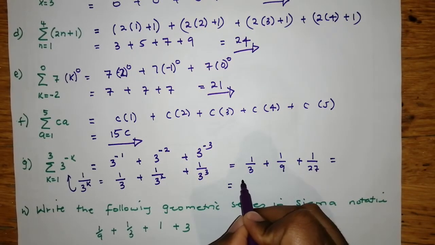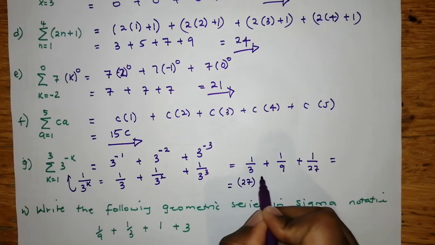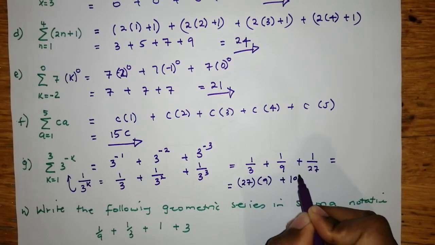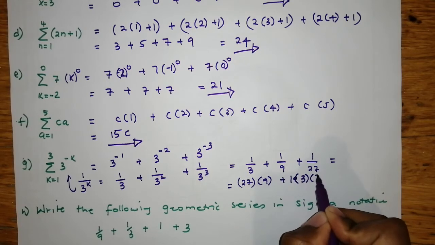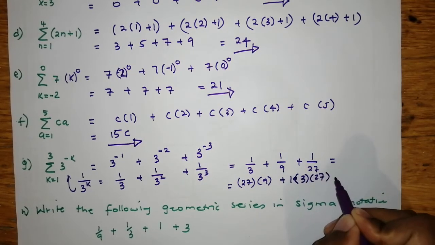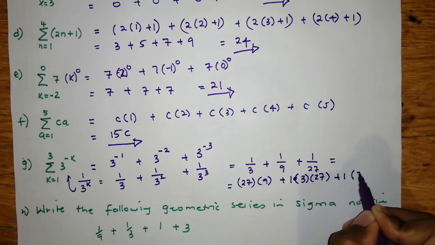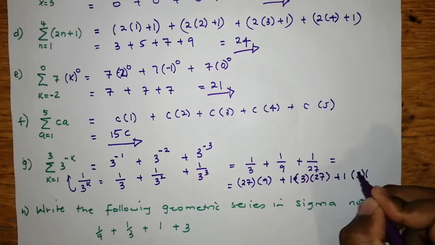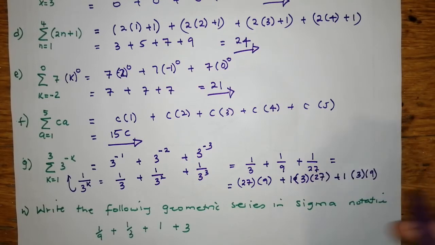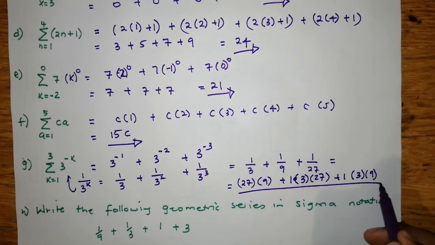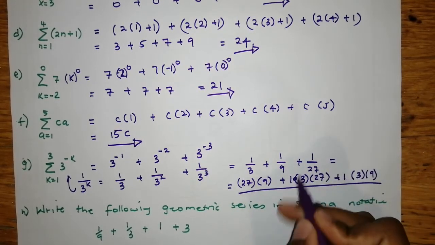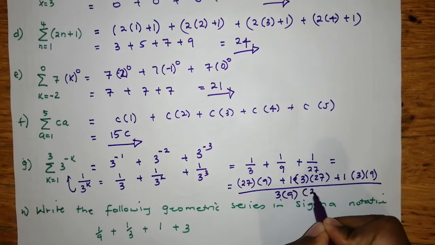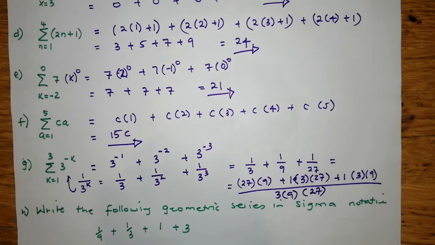So this is going to be 27 multiplied by 9 plus 1 multiplied by 3 multiplied by 27 plus 1 multiplied by 3 multiplied by 9. So this is the old school way, guys, don't take me that seriously here. Then you multiply everything together, and you'll find your answer.